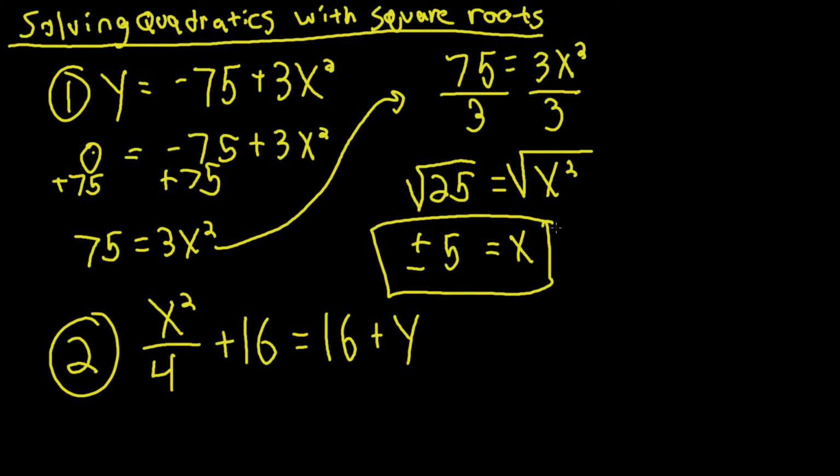The reason it's plus or minus 5 is because negative 5 times negative 5 equals 25, and positive 5 times positive 5 equals 25. Both of these numbers, 5 and negative 5, are the square root of 25. The square root is the reverse of squaring a number. That's how you should think of it.